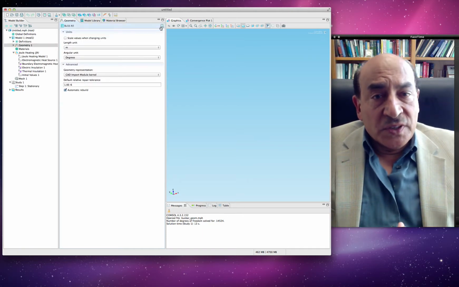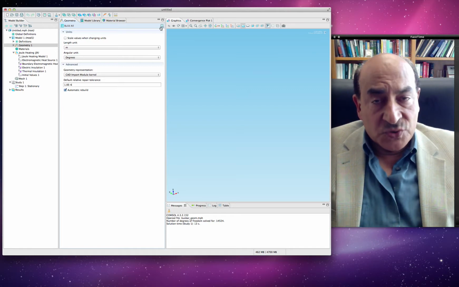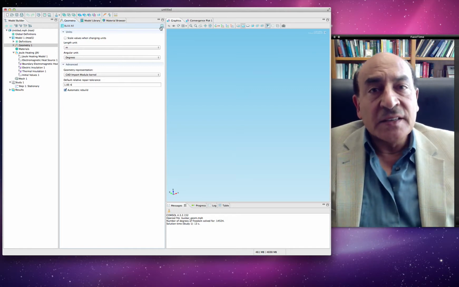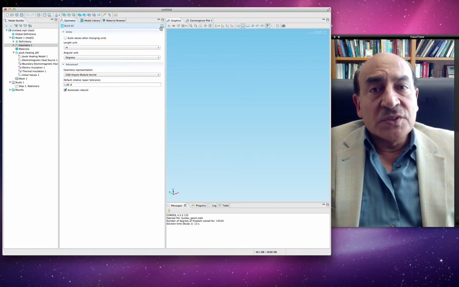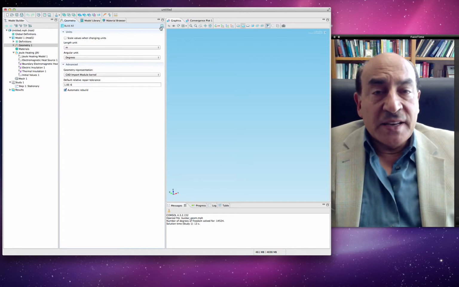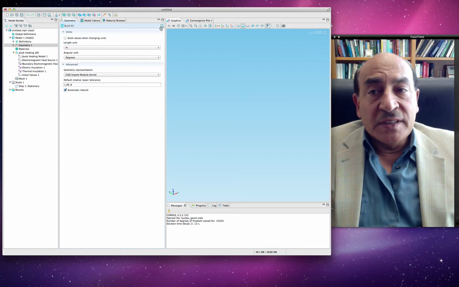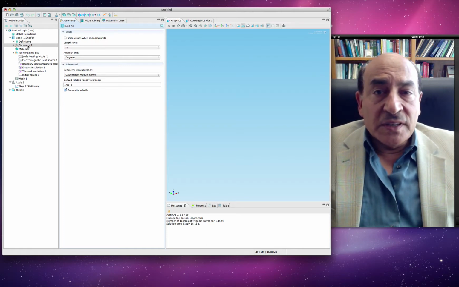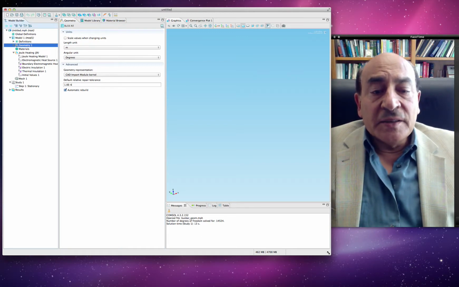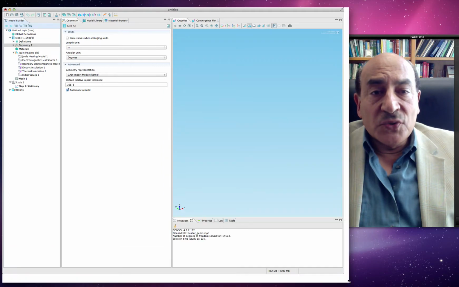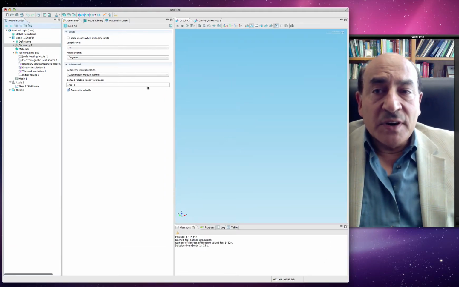Now we have two options, either to create the geometry ourselves, and we will come to that in another tutorial, or to import the geometry from an existing library. And there is actually a model library. If we go to geometry, we can look for something that has a bus bar.